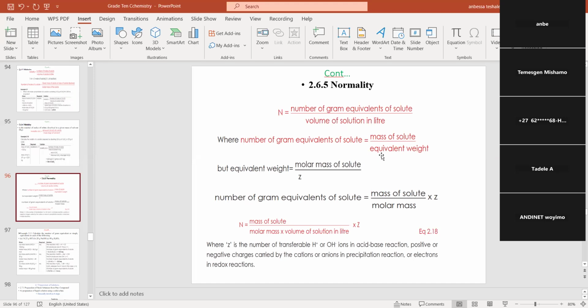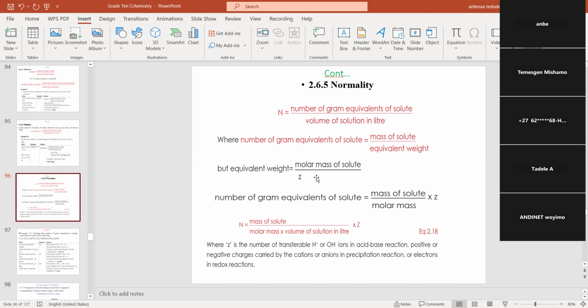Equivalent weight is equal to molar mass of a solute over Z. Z indicates the number of hydrogen or hydroxide ions that is released in that substance. So the molar mass is divided by the number of hydrogen ion or by number of hydroxide ion gives equivalent weight. So a given mass over equivalent weight gives a number of equivalent.